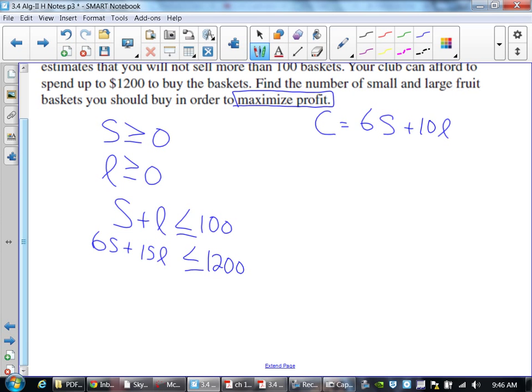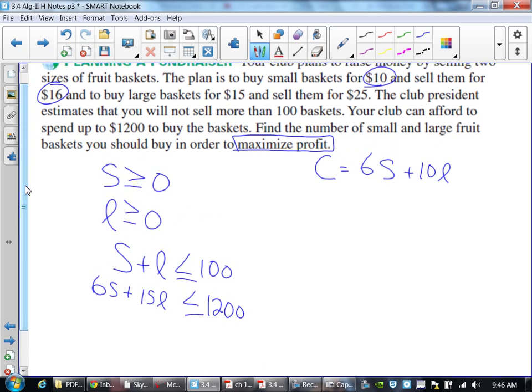Wait, why did it become 16? Oh, I'm sorry. 15 is right. It was 10 for small. I'm sorry, I just told you that was profit. And it was 15 for the large.